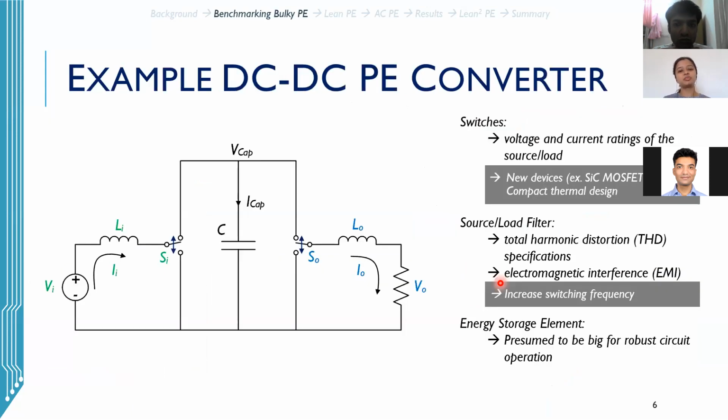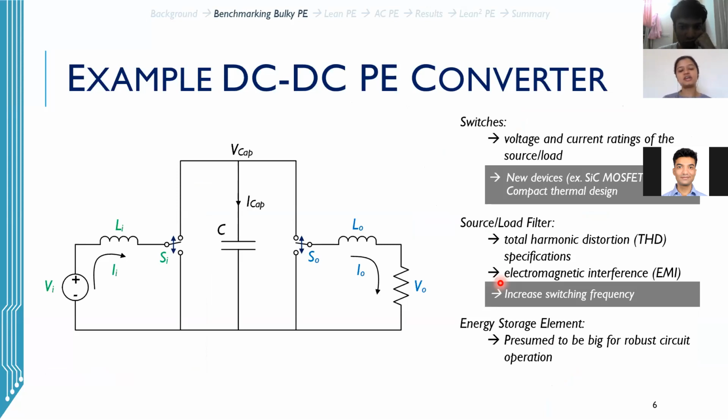Here is a topology of an example DC to DC power converter. This is a simplified power converter that I'm going to discuss throughout most of this presentation. Definitely, we can look at other power converter topologies as well, but I'm using a simple example so as to discuss some of the main ideas of the work here.